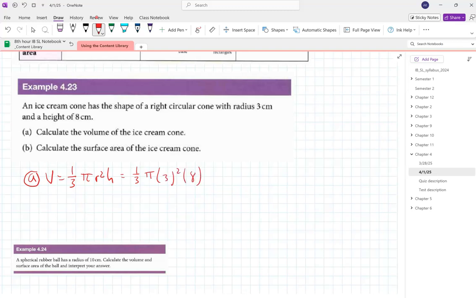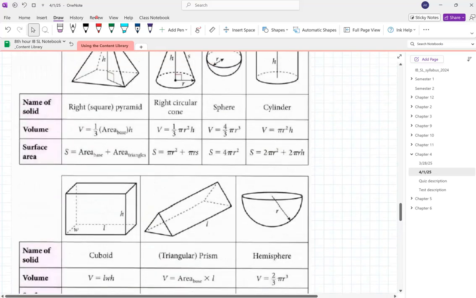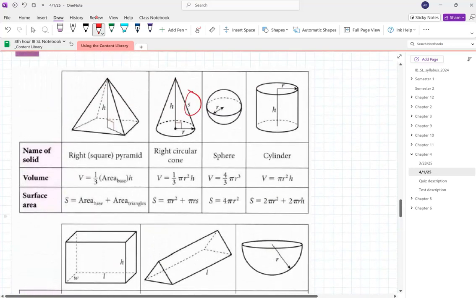So I just plug them into the formula and enter it in my calculator, and I'm done. If I do the surface area calculation, it says that's pi r squared plus pi r s, where the s here is the slant height of our cone.